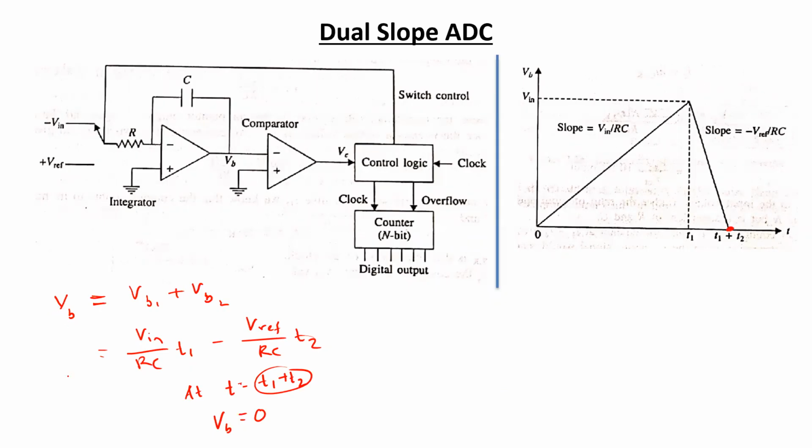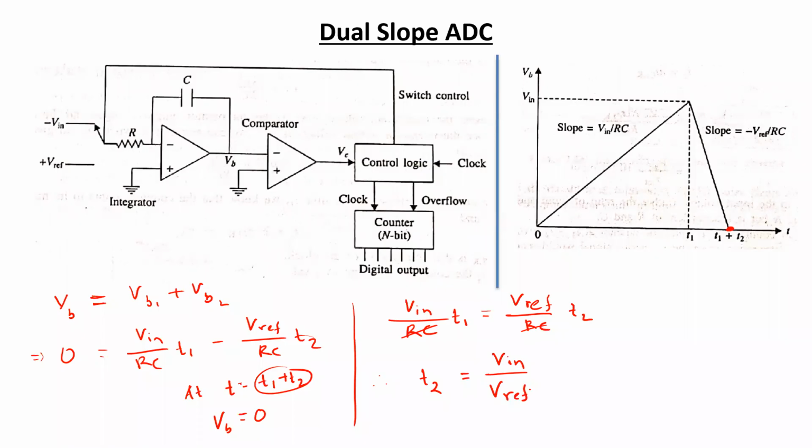So if we set this expression to be equal to 0, we can easily rewrite it as V in by RC into T1 equals V reference by RC into T2. From both sides, this term RC is going to be cancelled out, and we can write an expression for T2 in terms of the other three parameters.